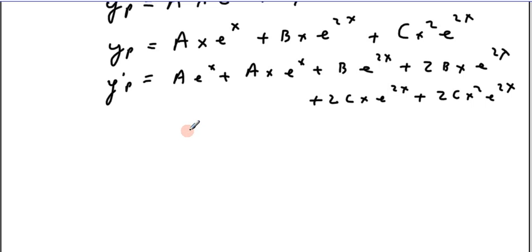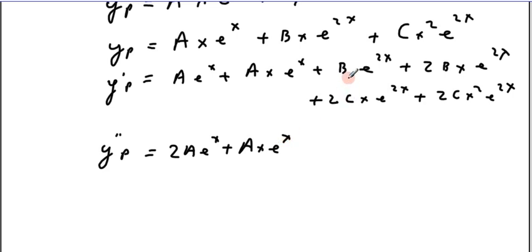Okay, so there's the first guy, y double prime p. So I have an a e to the x. I'm going to have another a e to the x there. So I got 2a e to the x plus ax e to the x.